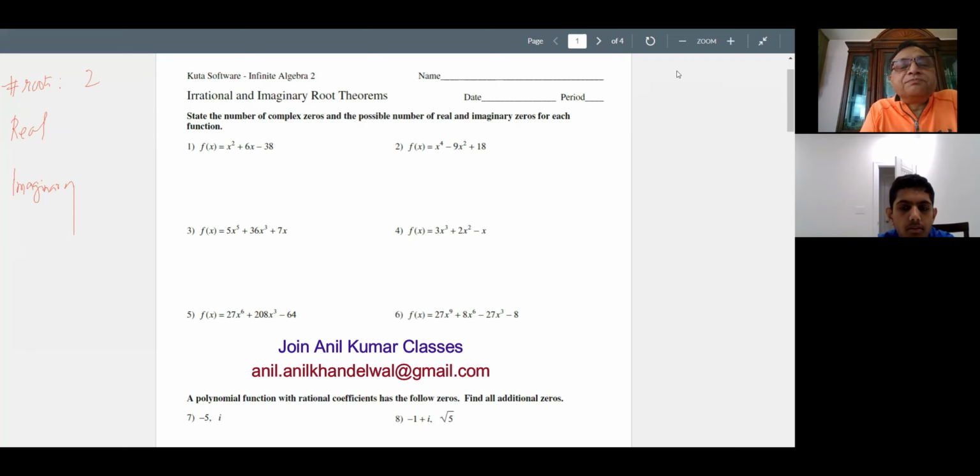Total number of roots, right? And find the discriminant, b square minus 4ac, what do you get? Is it greater than or is it less than 0? Greater than 0 means 2 real roots. Yeah. So real roots are 2 and therefore imaginary none, correct? So that is how we'll answer these questions. Is that clear to you?